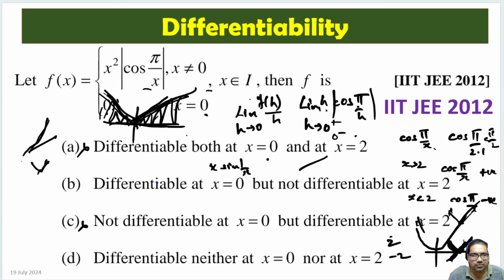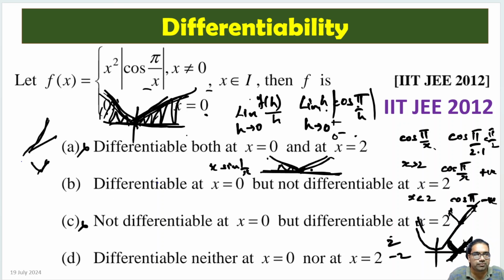This graph will lie between these lines, and their limits are 0 at x equal to 0. Because of the sandwich theorem, the limit of this one is also 0.